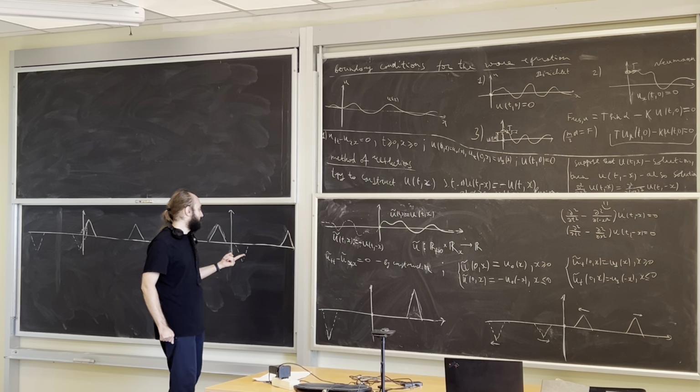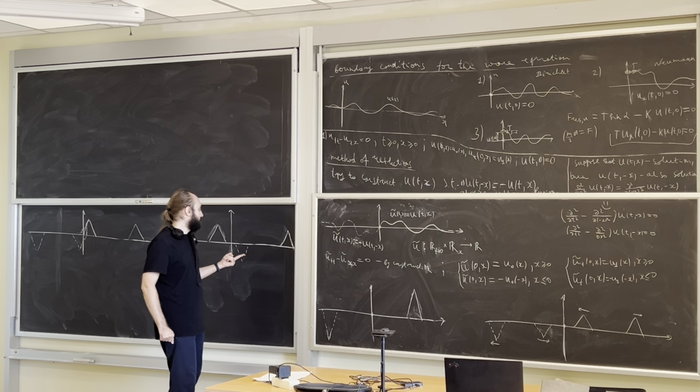Let us define u tilde of t and x as u of t and x for x positive, and u of t and x with the same sign for x negative, plus u of t, minus x for x less or equal than 0.